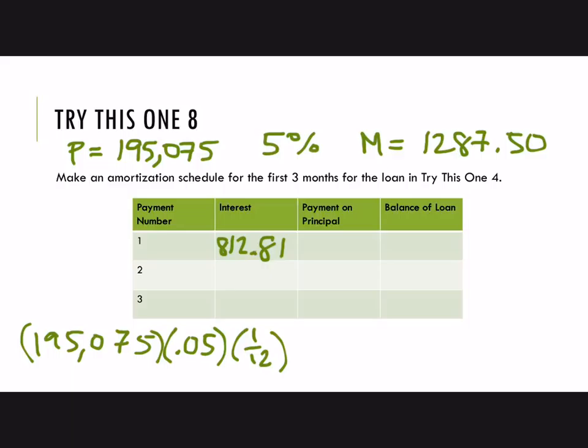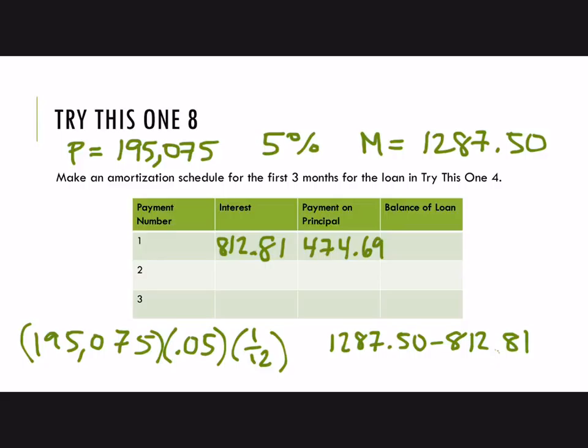Okay, then to find the payment on principal, take the monthly payment and subtract the interest amount. Whatever's left goes towards principal, and that's $474.69.